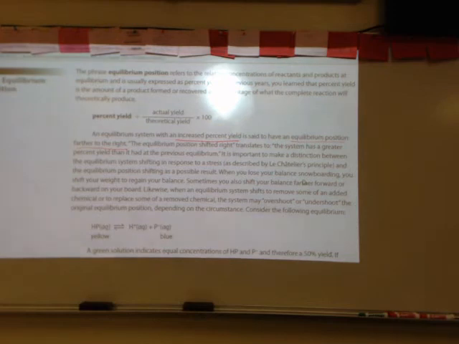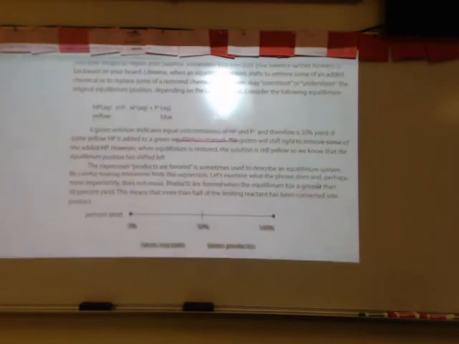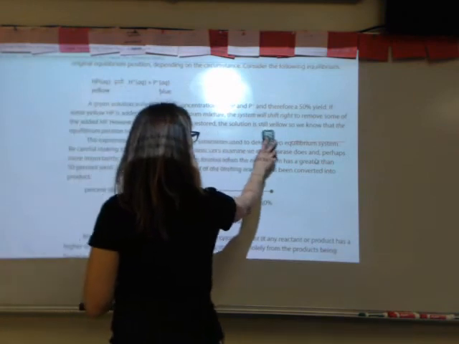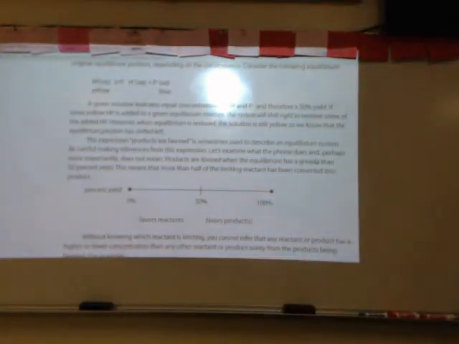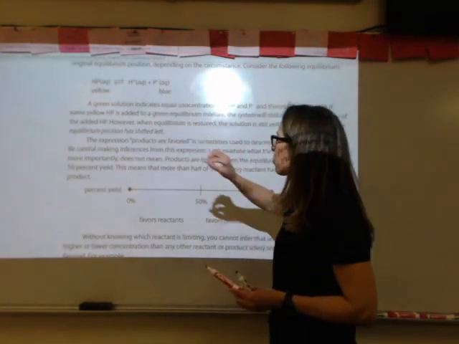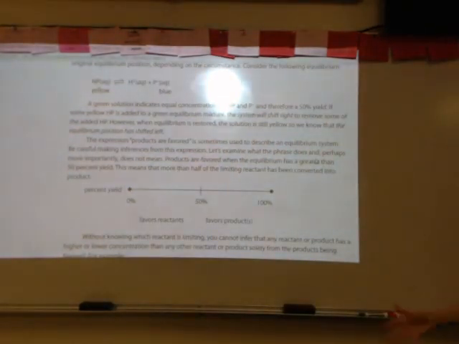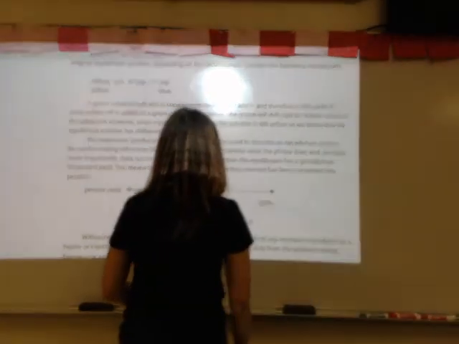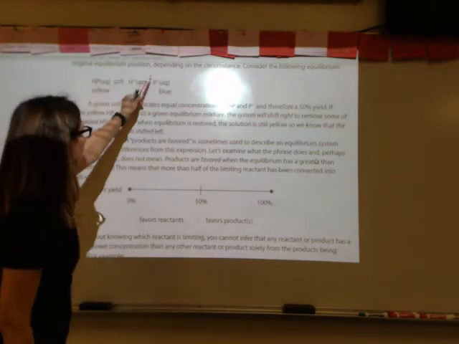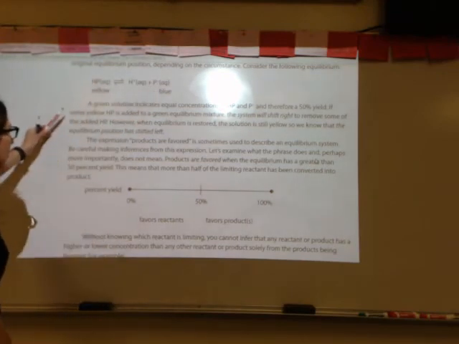Let's talk about this equilibrium system here. So if I have HP, which is yellow, and I have P negative 1, which is blue. If I have a green solution, you know that yellow and blue make green. A green solution would mean that I have equal concentrations of HP and P negative, so I have a 50% yield.